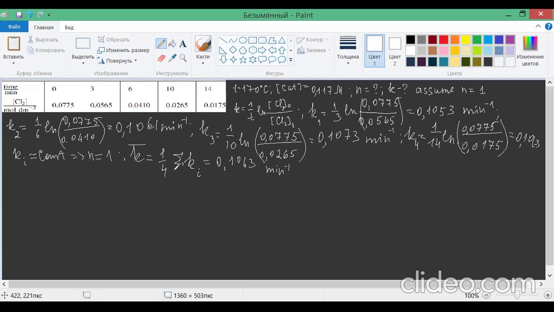We've just got the numerical value of the rate constant of this reaction, which is equal to 0.1063 minutes raised to minus 1, and the order of this reaction is first. This is the first part of this problem. And now we're going to proceed to the next one.